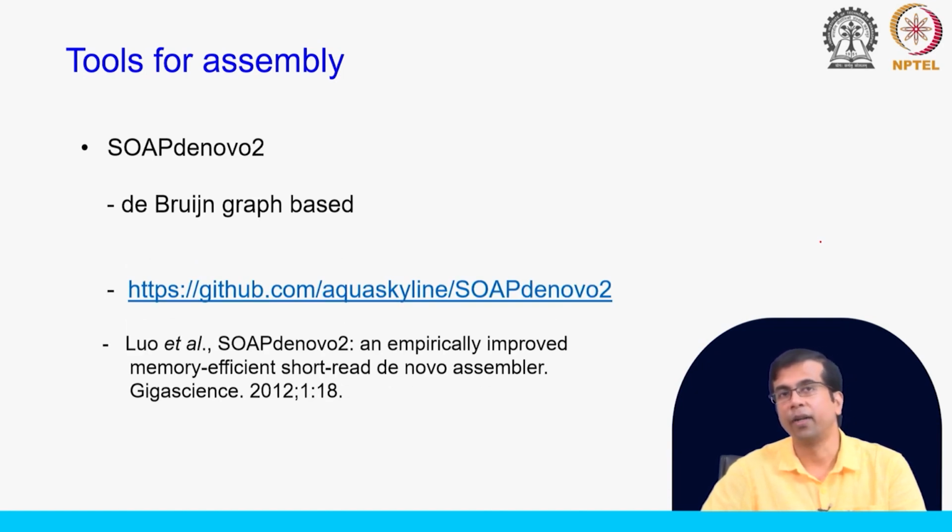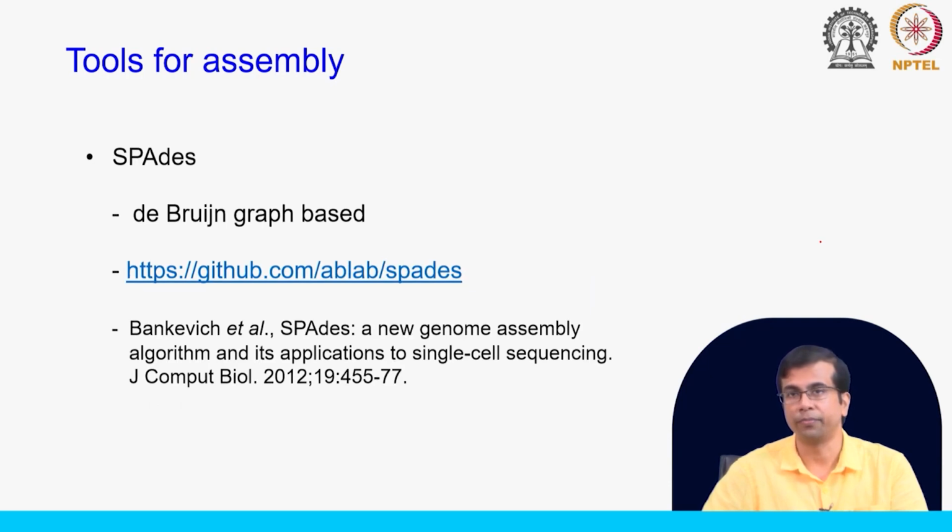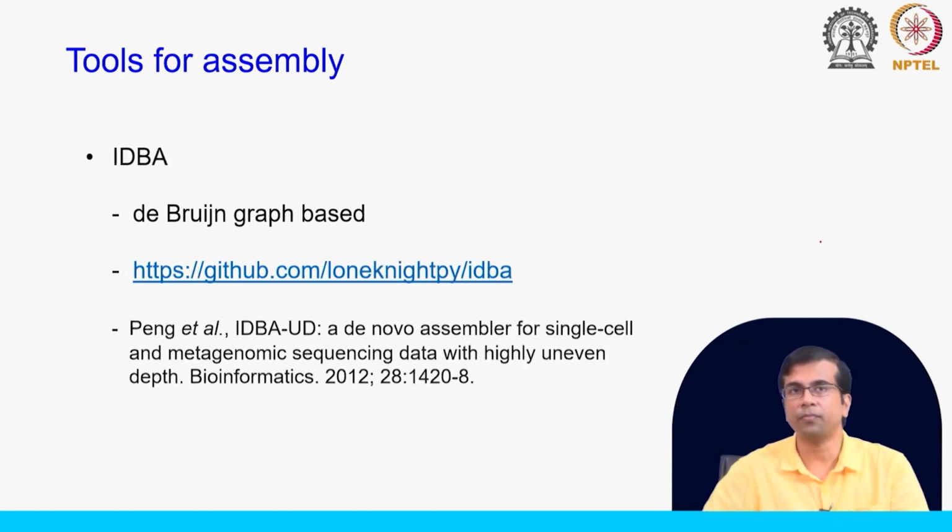Similarly, you now have other tools that are based on De Bruijn graph assembly. One is SOAPdenovo version 2, then you have SPAdes, again a De Bruijn graph based assembly method. You have another one which is IDBA. It has an interesting extension which can work with highly uneven coverage or depth, as you can see in the title of the paper.